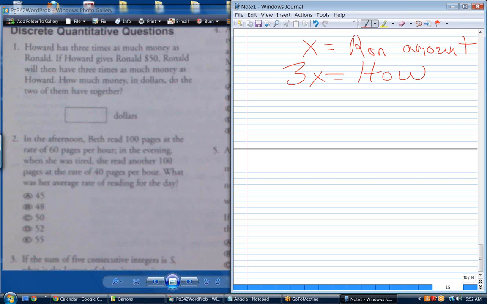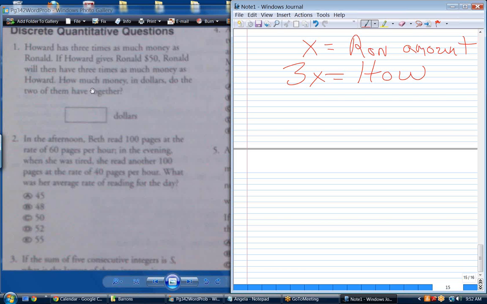So I have to examine the first sentence. I could even use 2 different variables. I could have said x is Howard, y is Ron, and worked out the thing in 2 variables. But since one of the equations is so straightforward that Howard has 3 times as much as Ron, it's really easier to leave this in one equation.